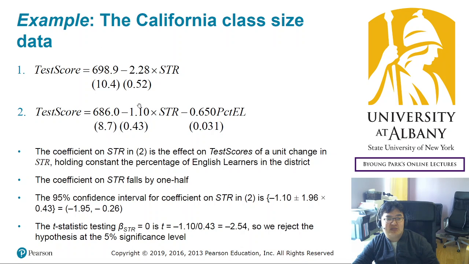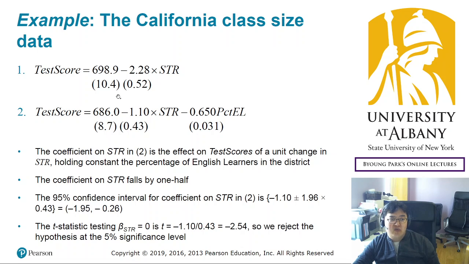Like for example, in our example, whether you regress test score on student to teacher ratio only, or whether you regress the test score on student to teacher ratio and another control variable, it doesn't matter.